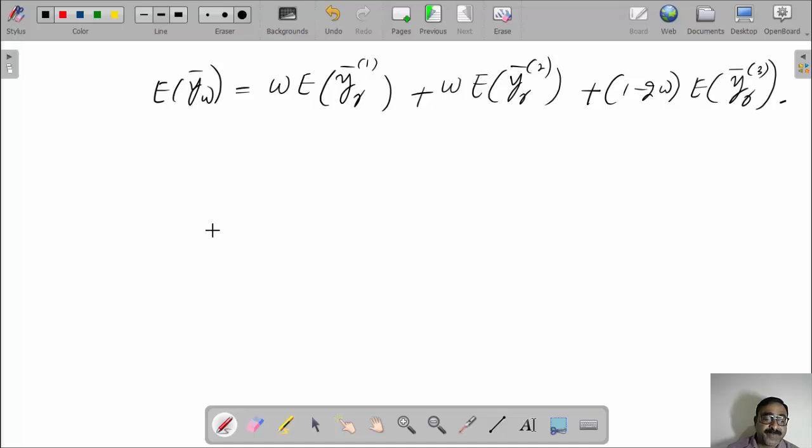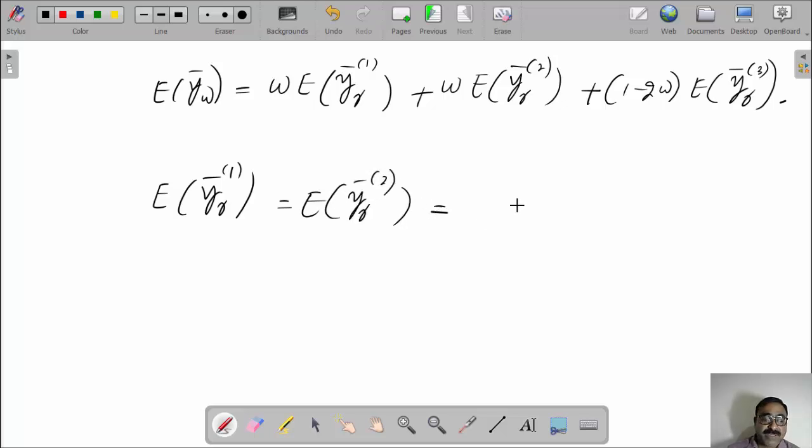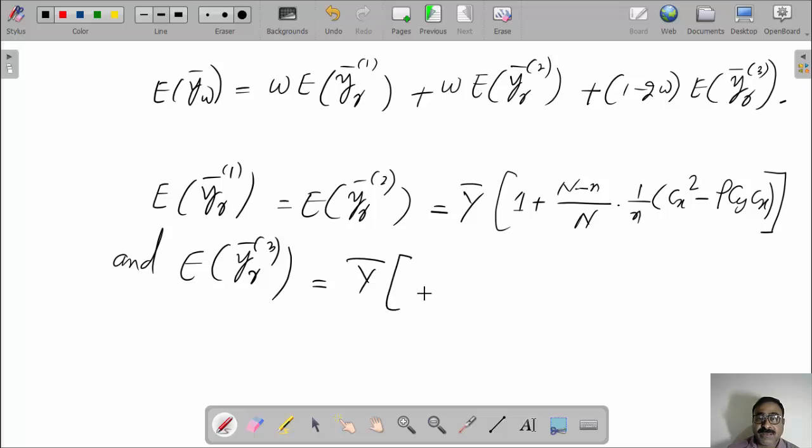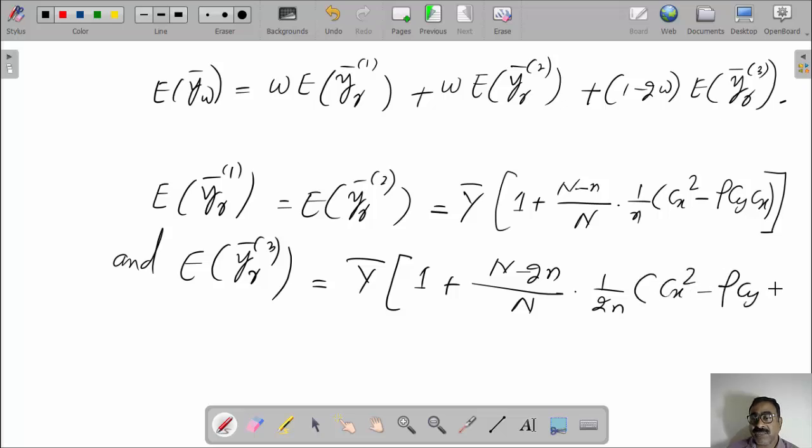To the first order of approximation, expectation of y r bar 1 equals expectation of y r bar 2, equal to Y bar into 1 plus ((N minus n) by N) into 1 by n into (Cx square minus rho Cy Cx), and expectation of y r bar 3 equals Y bar into 1 plus ((N minus 2n) by N) into 1 by 2n into (Cx square minus rho Cy Cx), because it is based upon the sample size of 2n.